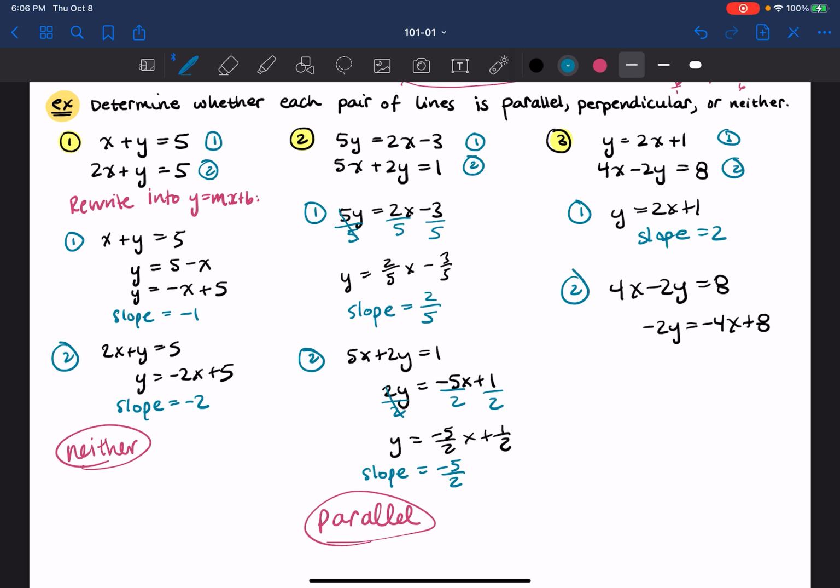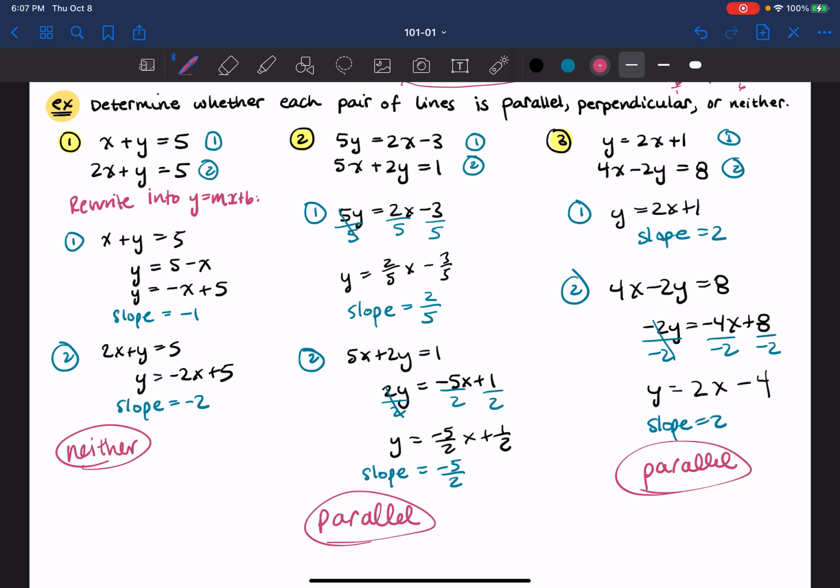Then we want to divide every piece by negative 2. Negative 4 divided by negative 2 is positive 2. 8 divided by negative 2 is negative 4. And so we've got a slope here of 2. So these slopes are the same, and so these are parallel.